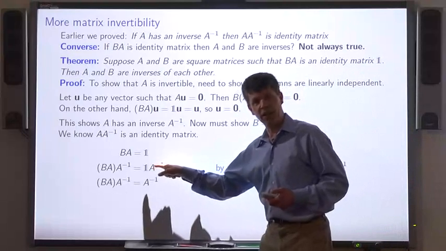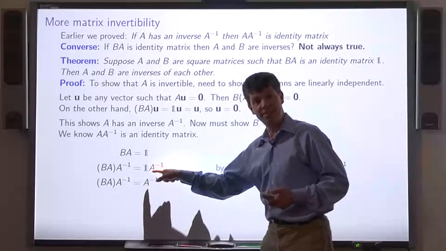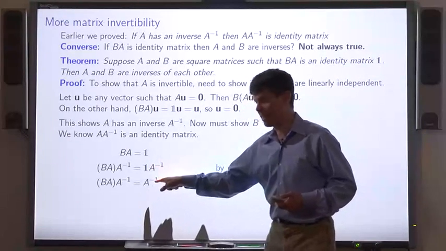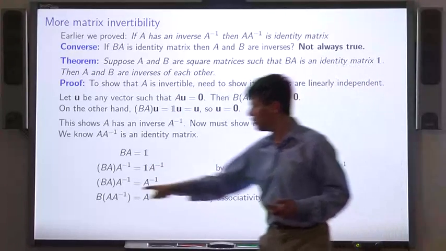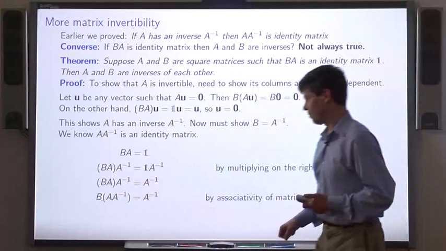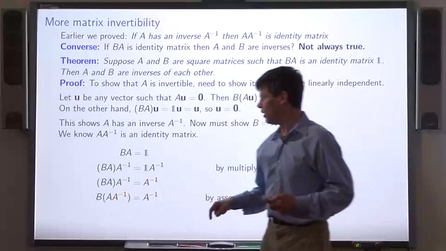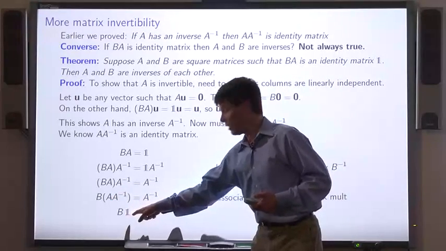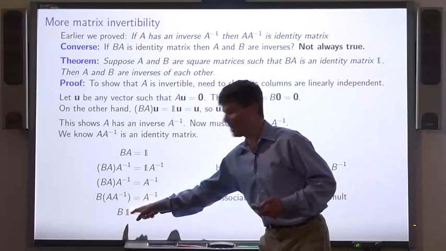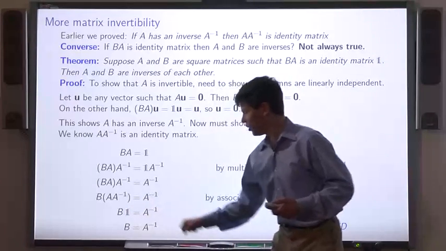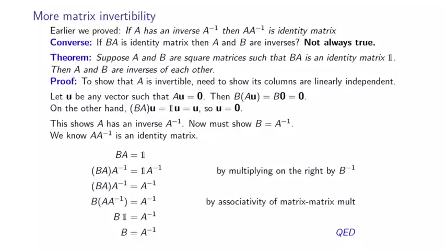We can simplify the quantity on the right. The identity matrix times A inverse is just A inverse. We can use associativity on the left. And now we have A times A inverse, which we know is the identity matrix. And B times the identity matrix is B. So we've shown that B is equal to A inverse. And that completes the proof.